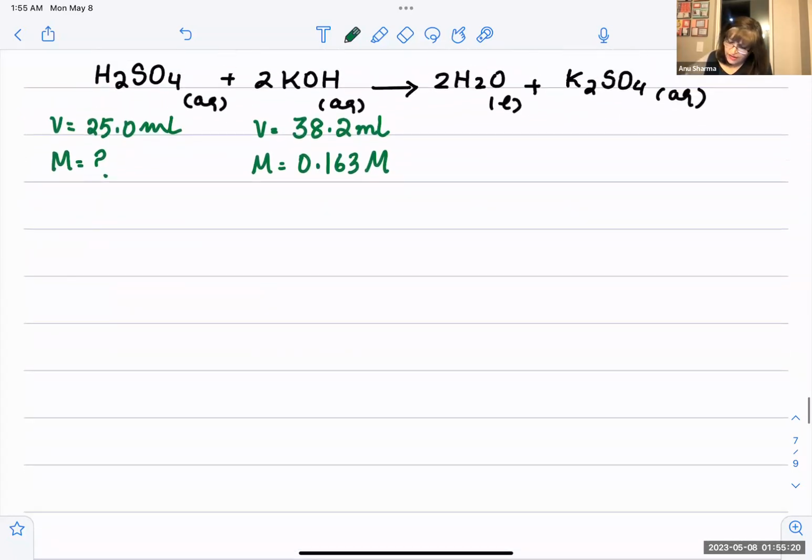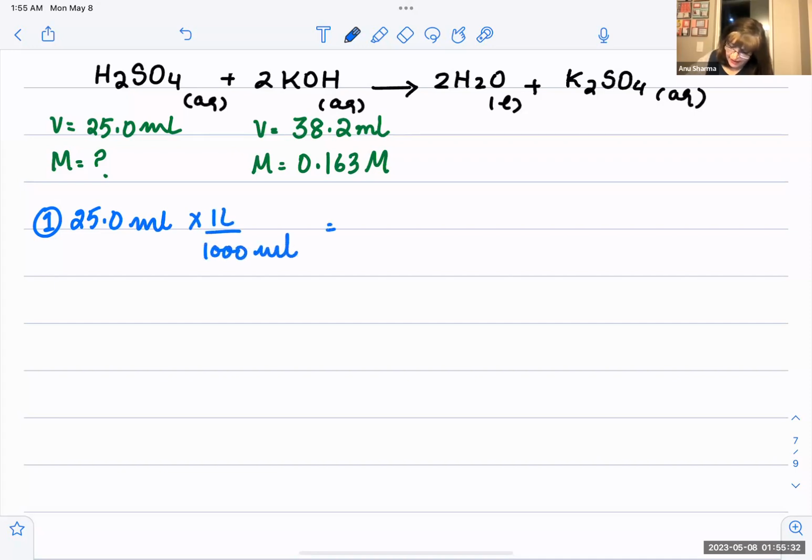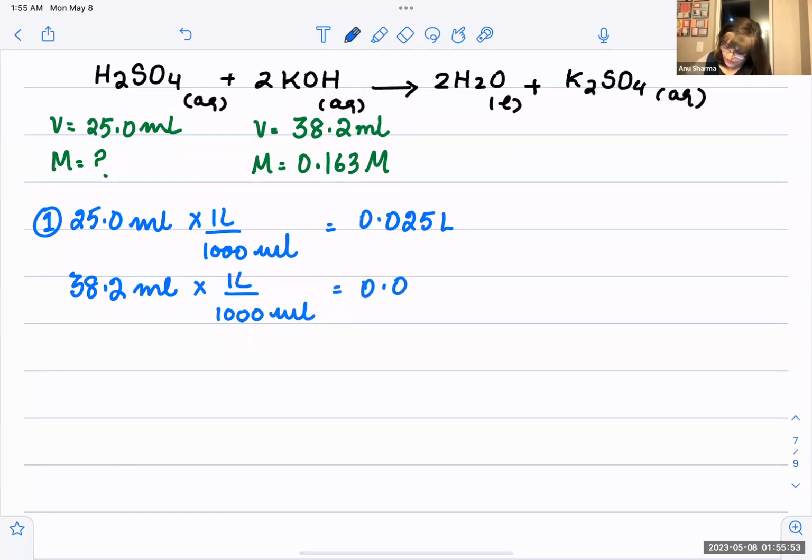So let's do this here. First step is 25.0 milliliters times 1 liter over 1000 milliliters, and that gives you 0.025 liters. Second is 38.2 milliliters times 1 liter over 1000 milliliters, which is equal to 0.0382 liters.